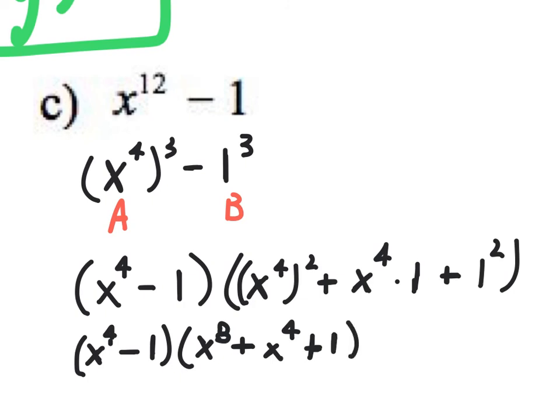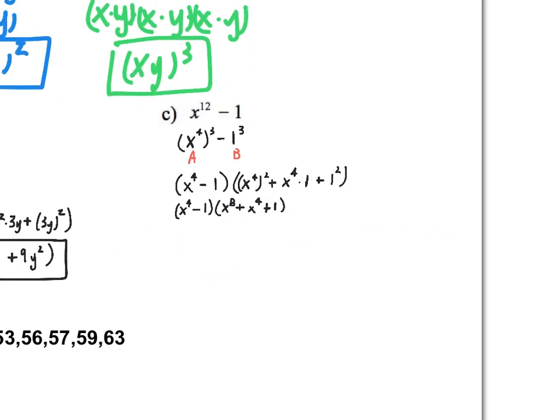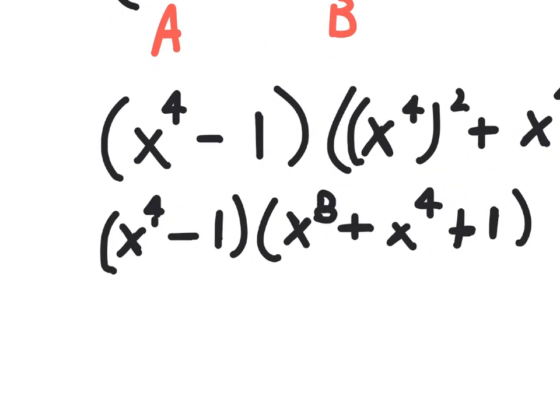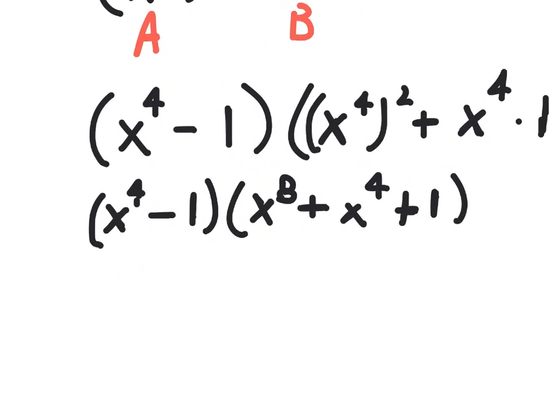Now, we could still take this much further, but let's go ahead and take this further. I can't factor this any further. I thought I could, but I actually can't. So let's continue this. x to the 4th minus 1. What I notice here is that this part is a difference of squares. Let me rewrite x to the 4th.